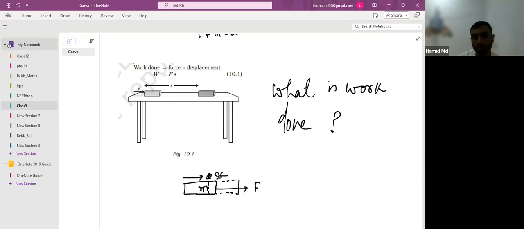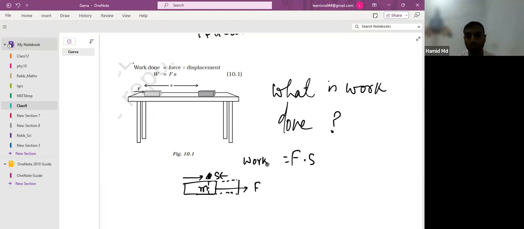So work done is force times displacement. On applying a force on an object, if the object moves by a distance s, then the product of force and the displacement is called work done.